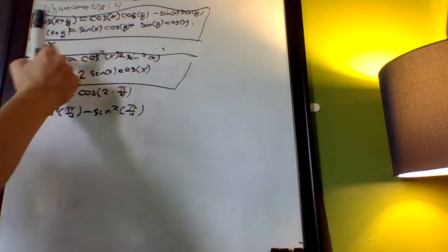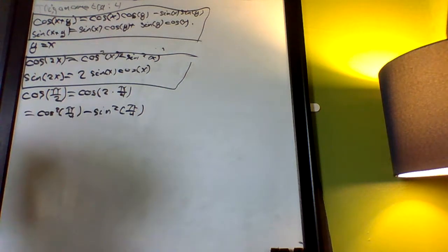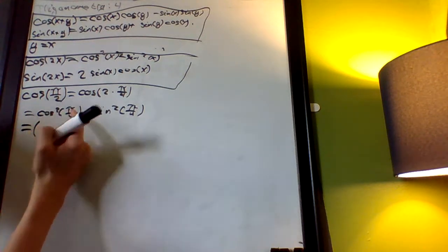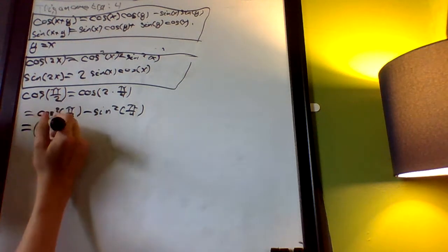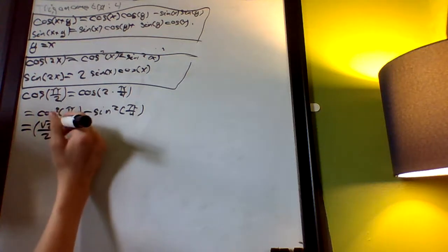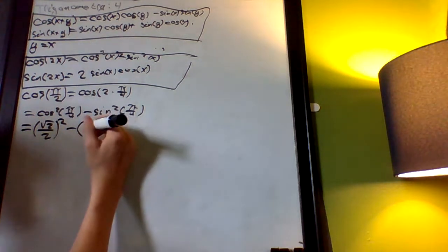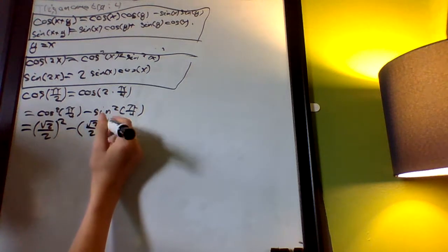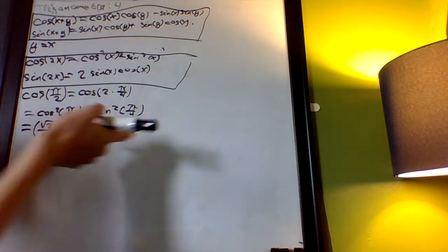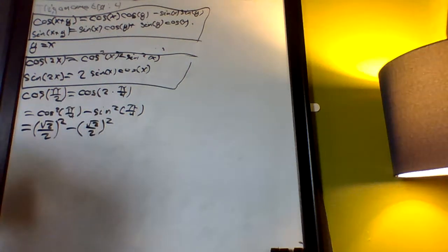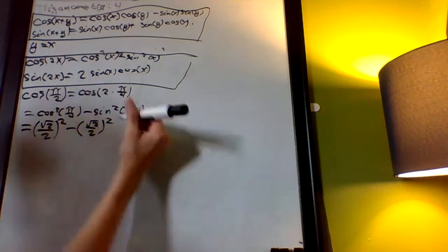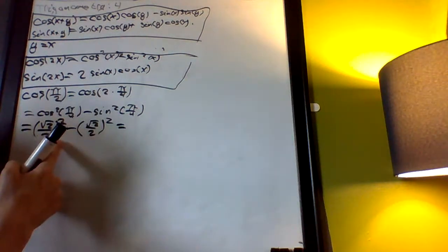Out of this, cosine of pi on 4 turns out to be square root of 2 on 2, squaring that, minus square root of 2 on 2, squared. You can plug this into your calculator. It is correct.